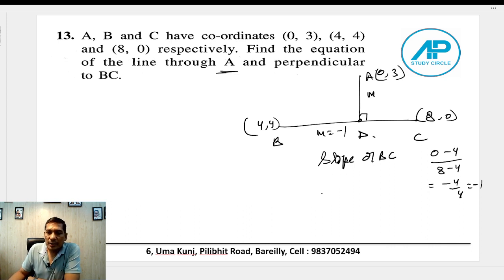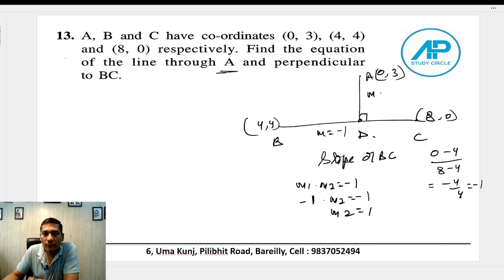BC and AD are perpendicular. Condition for perpendicularity, m1 dot m2 equals -1. -1 into m2 equals -1. m2 equals 1. So the slope is 1.